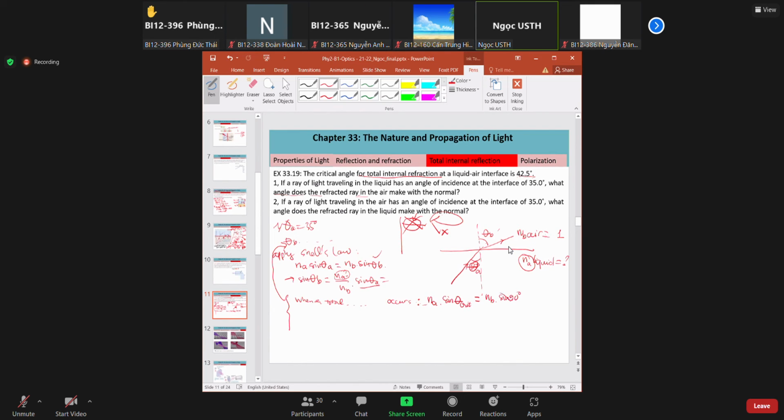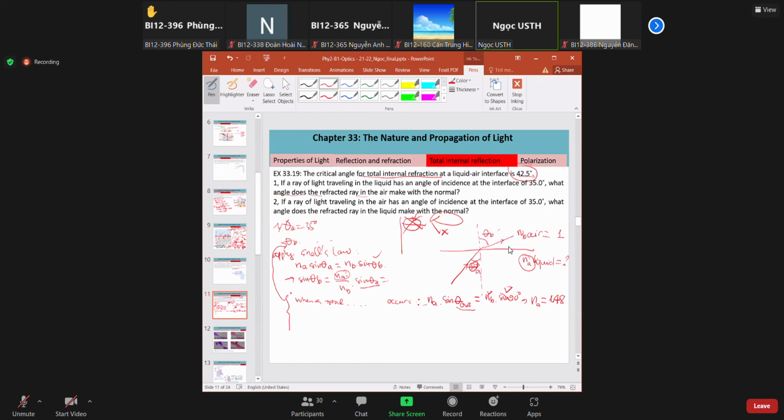Which is 1. Find out NA, because here you know NB equals 1 and sine, you know this angle here is 42.5. So we can know NA. Tell me the result. It is equal to 1.48.